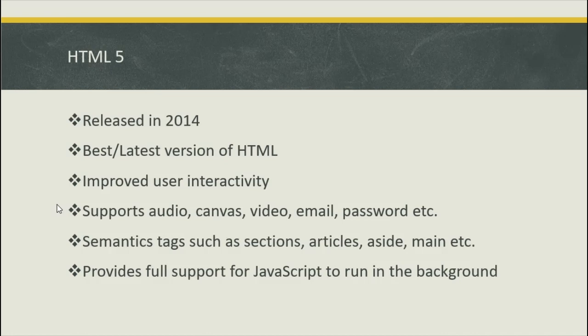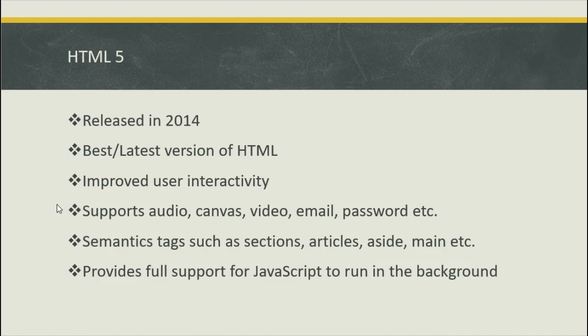So for example, if you structure a website in sections or articles, maybe you want to create a blog, these tags have a meaning. You can easily find out that this section contains the articles of this particular web page, which is fantastic.